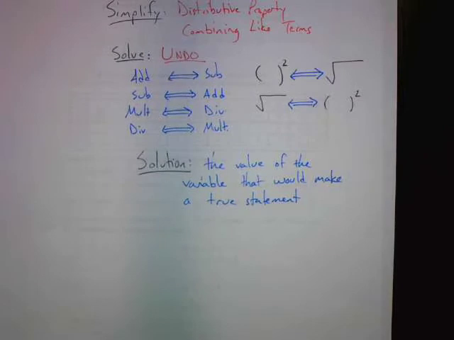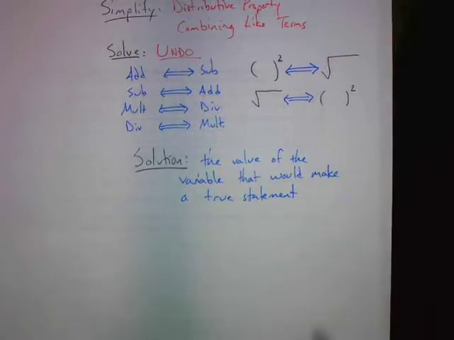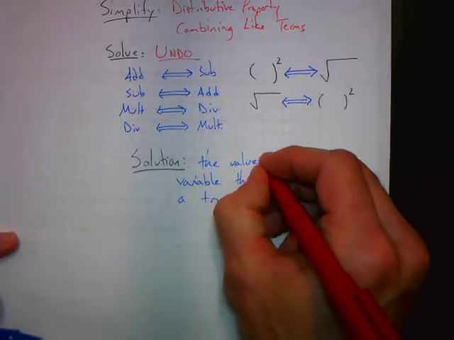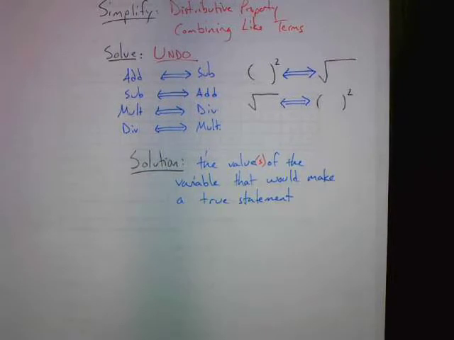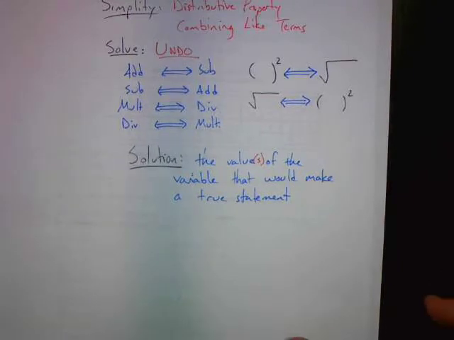Now, I'm going to amend this definition because we have to understand that sometimes there is more than one solution. So instead of saying just the value of the variable, we can say the value or the values, because sometimes there's more than one. So we have the values of the variable that would make a true statement. That is what a solution is.